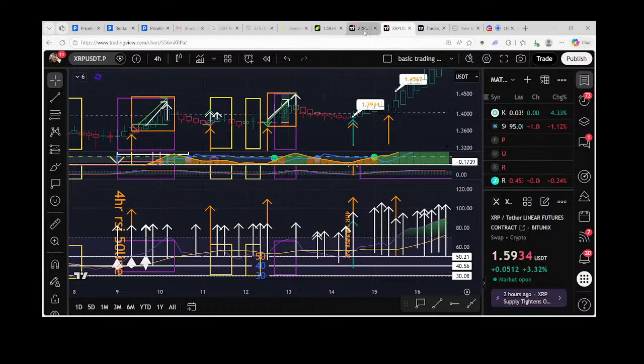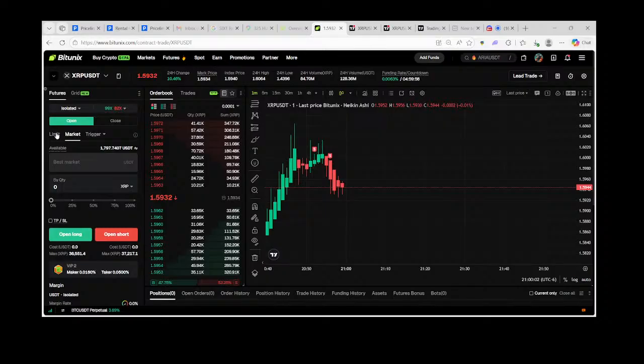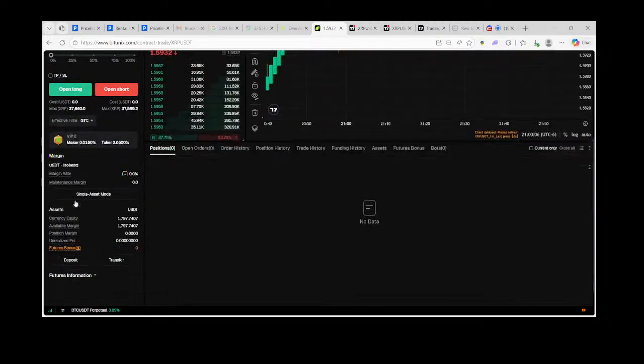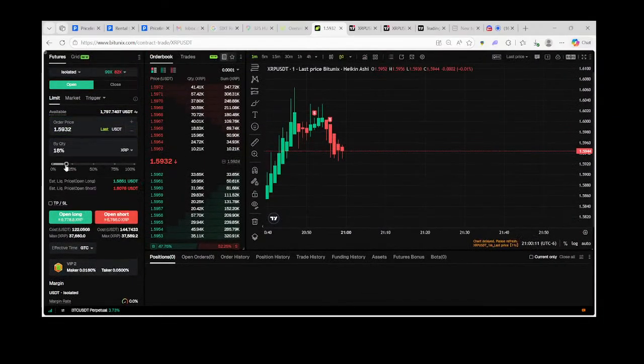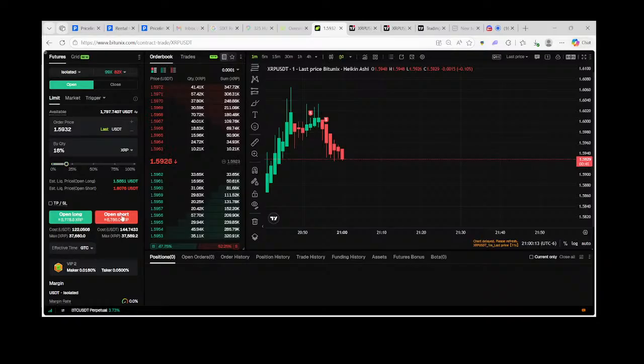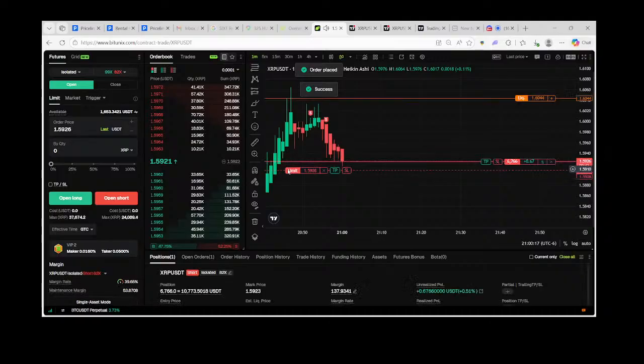So for instance, if I was in here and I wanted to short this, I could come in here and I don't really have any stress on that side. So what do we have? A $1,700 bag. So we do something like this. All right, so I can get my entry in.